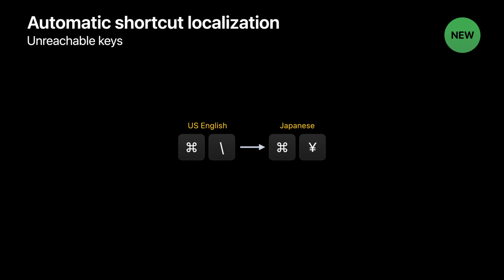So the system will remap the shortcut for Japanese keyboards. This means apps should not localize shortcut modifiers or inputs, and instead let the system do the work. Apps can also opt out of automatic localization, either at the app-wide level or on a per-shortcut basis.